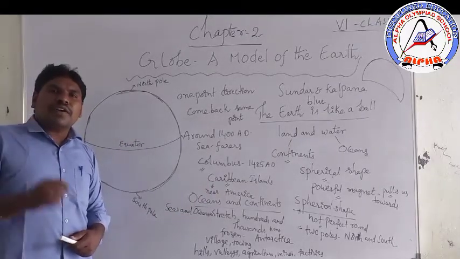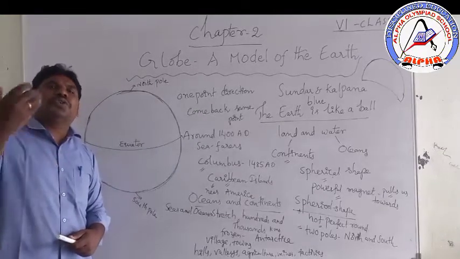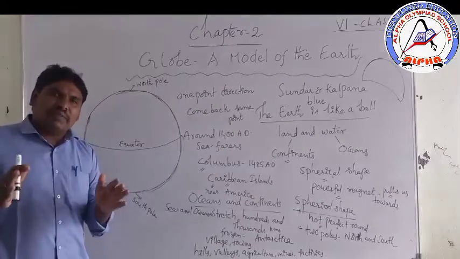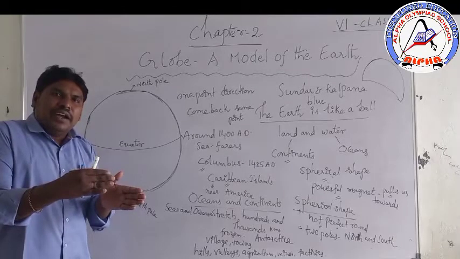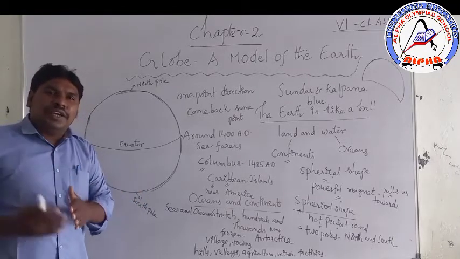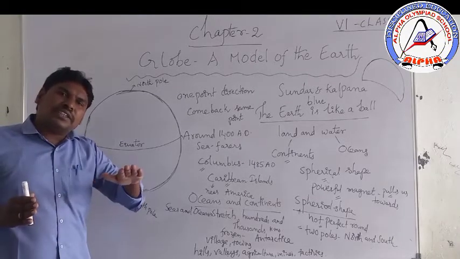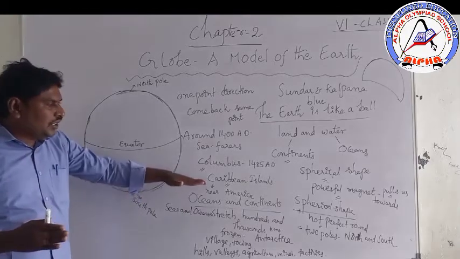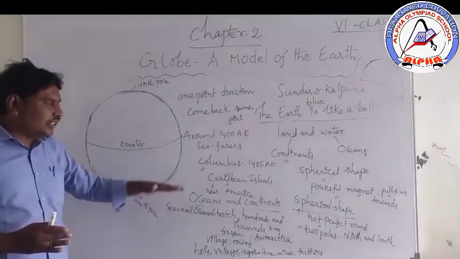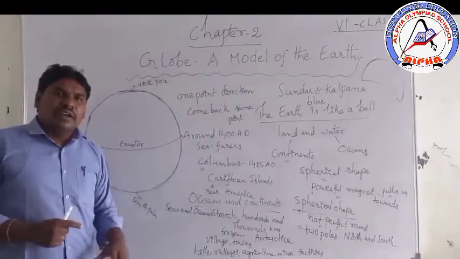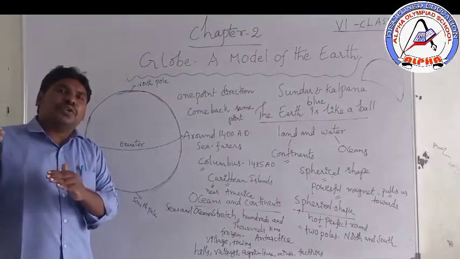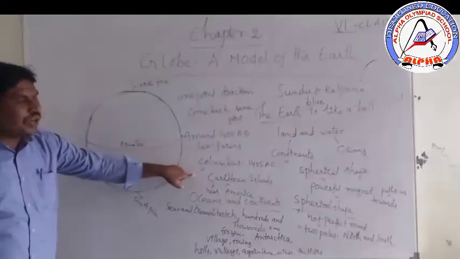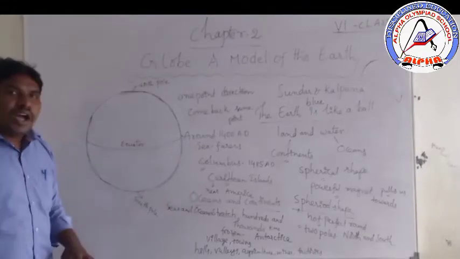Actually, Christopher Columbus' aim was to reach India, but he did not reach India. He reached the Caribbean Islands near America.